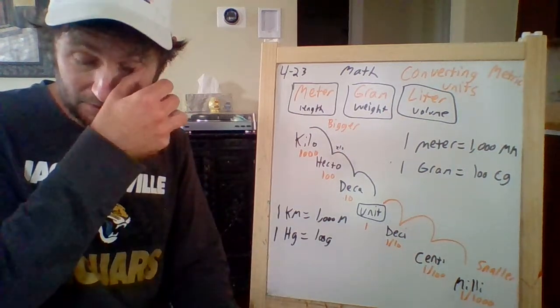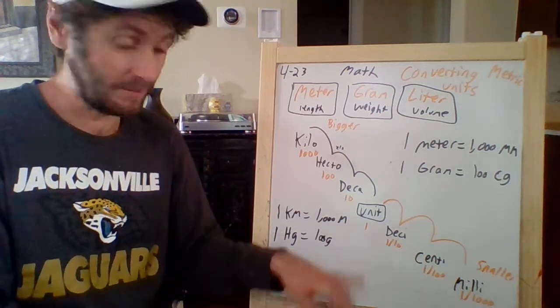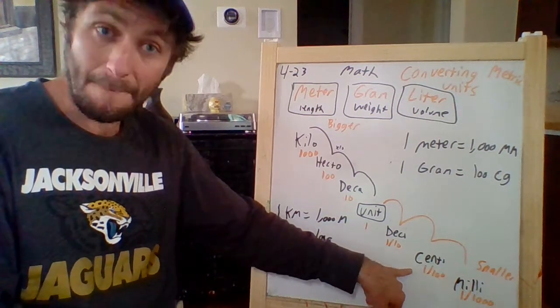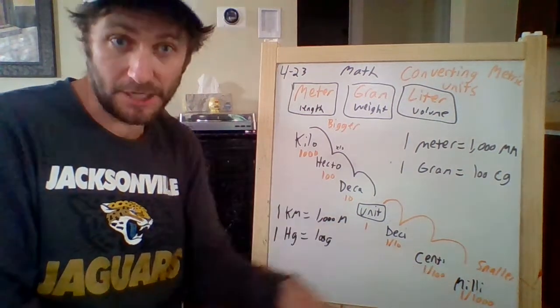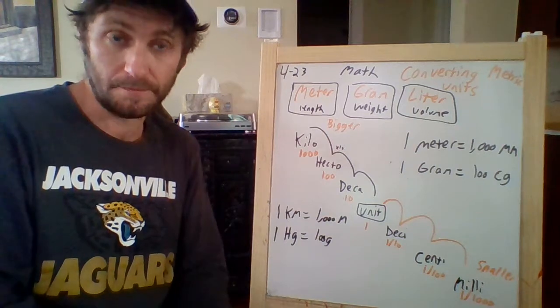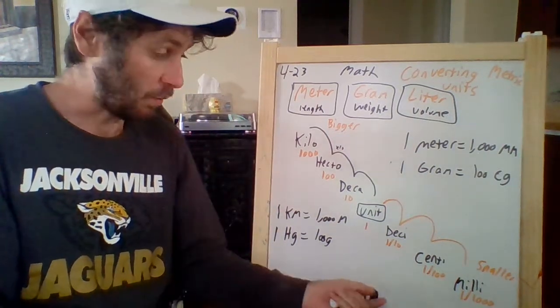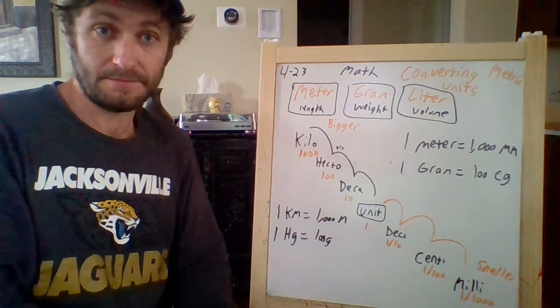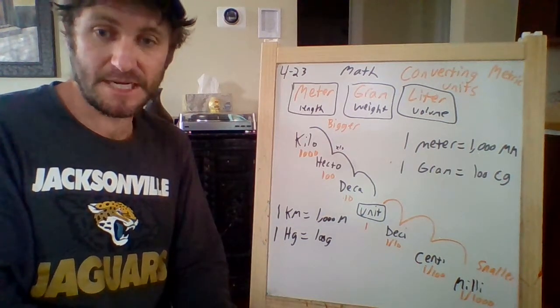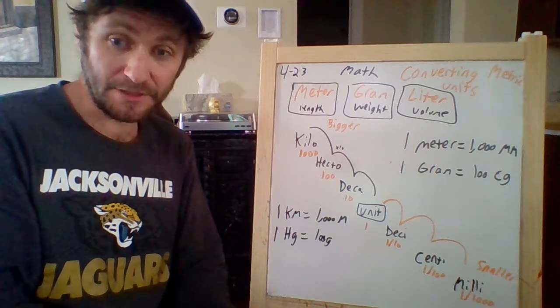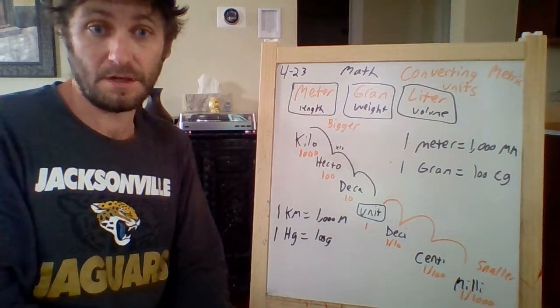So this is going to help us organize how we would do our measuring. So if we think about centimeters and millimeters on your ruler, the one side has inches, the other side is centimeters and millimeters. Well, 100 centimeters equals a meter, and 1,000 millimeters equals a meter.